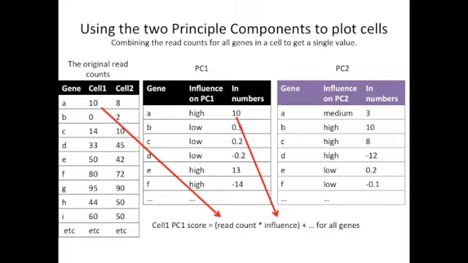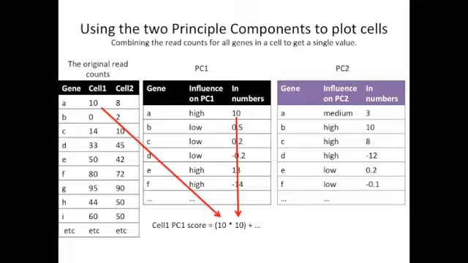We can then calculate a score for cell 1 by taking the read count for gene A and multiplying it by gene A's influence on the principal component, and adding that to the read count for gene B multiplied by the influence of gene B, and doing that for all genes. Here's a concrete example. For cell 1, gene A, we have 10 read counts, and the influence gene A has is 10.